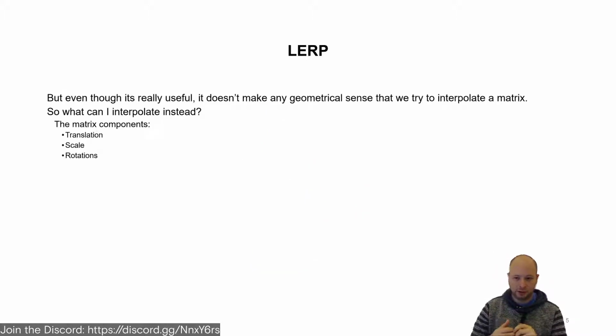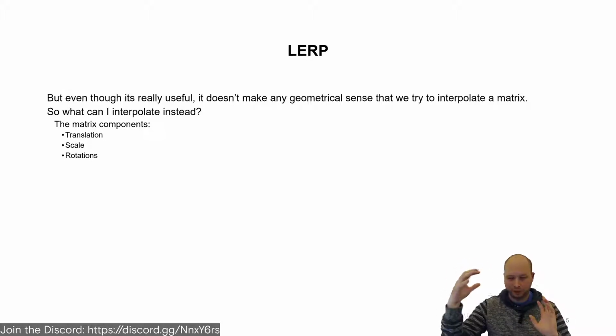It's pretty useful, but it doesn't really make sense for us to interpolate a matrix, right? Because it doesn't make geometric sense. The math doesn't really line up, and so we actually interpolate the components themselves. We interpolate the translation, the scale, or the rotations. And so you can imagine this idea isn't being applied to the matrix in particular. If you try to take a rotation matrix and a translation matrix and you kind of morph them, you're not really going to get that thing you're looking for, which is from one to the next, right?